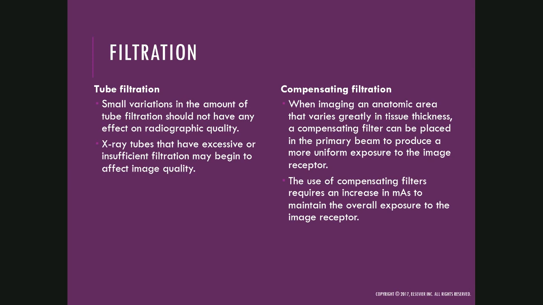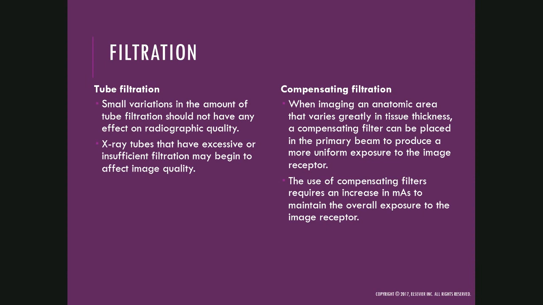Tube filtration, when you add more filtration, you're going to have fewer X-rays get out of the tube, but what does get out is going to have a higher energy, so that's going to affect your technical factors, what you're going to be choosing. Compensating filters are those things that we tell you about and you probably never use. They do have them at CCH.